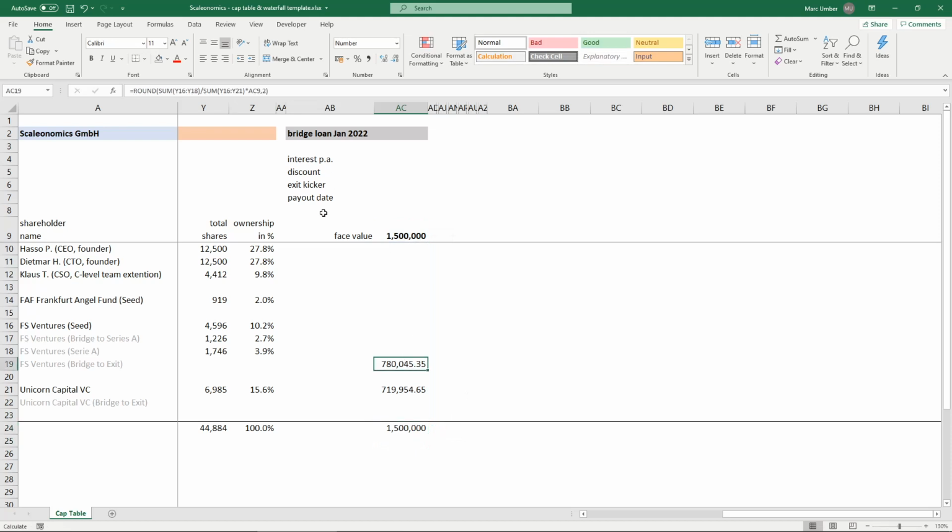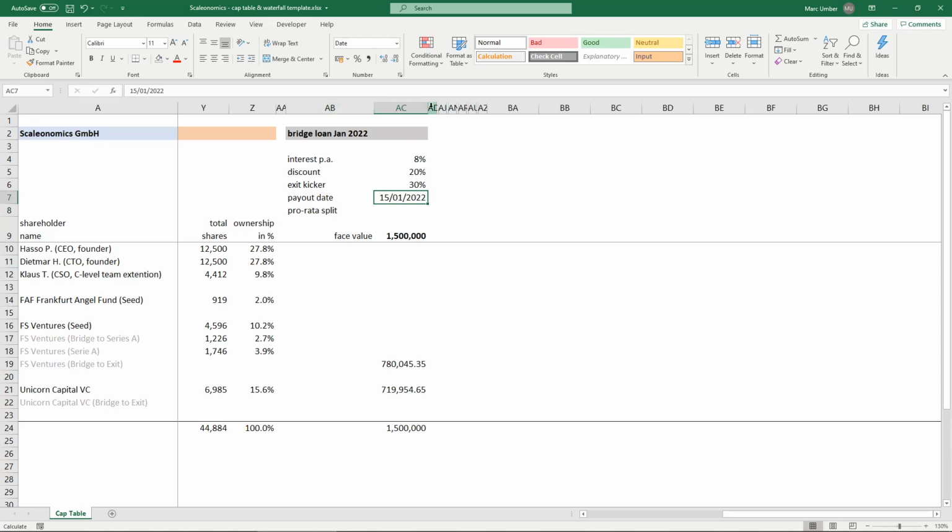This is the pro rata base of the 1.5 million in bridge loan. And we must not forget to put in the other very important inputs, 8% interest, 20% discount in case of a subsequent funding round, and a 30% exit kicker in case of an exit. And again, we need to make an assumption about the payout date such that we can calculate the interest payments for the next funding round or for the exit.